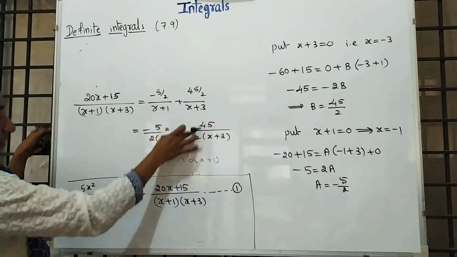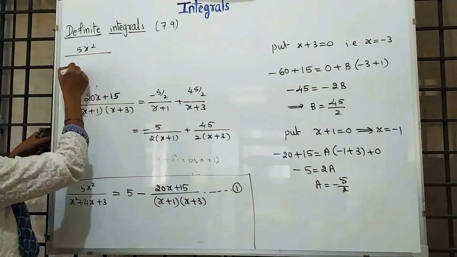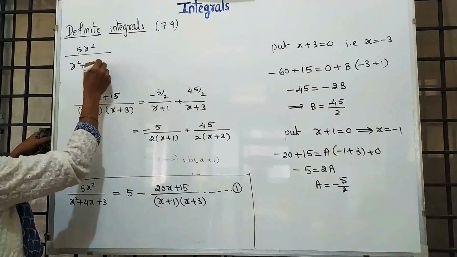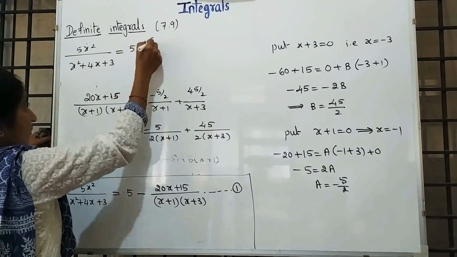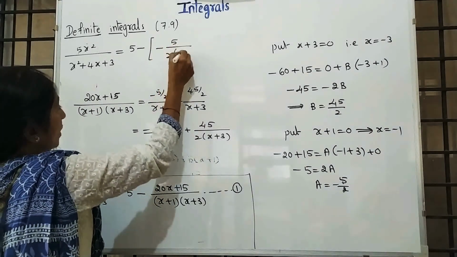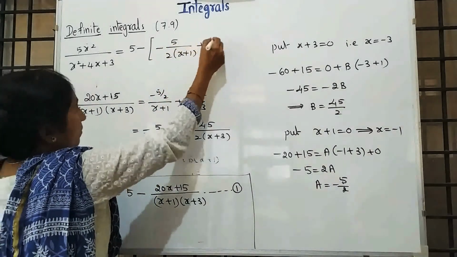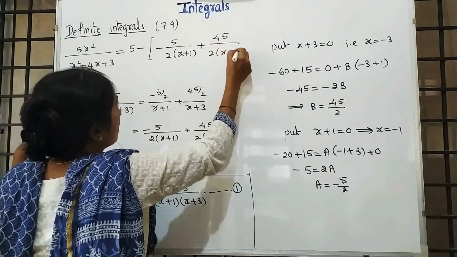Therefore, write these values in equation 1: 5x² over (x² + 4x + 3) is equal to 5 minus, in the bracket, -5/2 (x + 1) + 45/2 (x + 3).